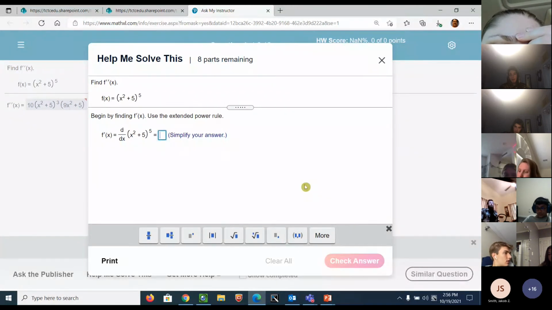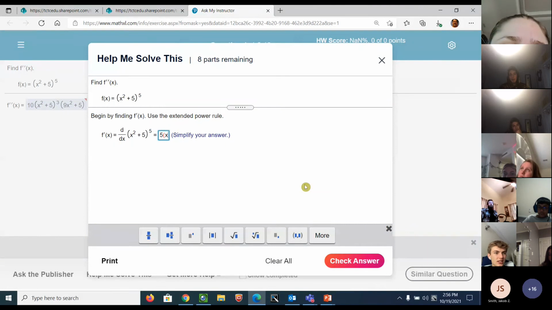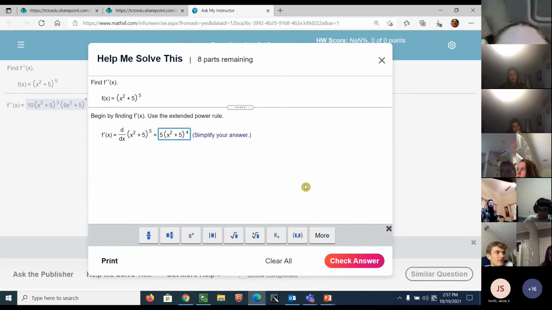All right, we're gonna see what they're doing here. I don't know if they want me to type in five parentheses, x squared plus 5, close parentheses, to the fourth power, and then times 2x, well, that'll be 10x, right?